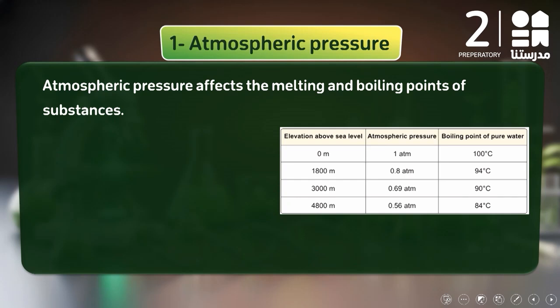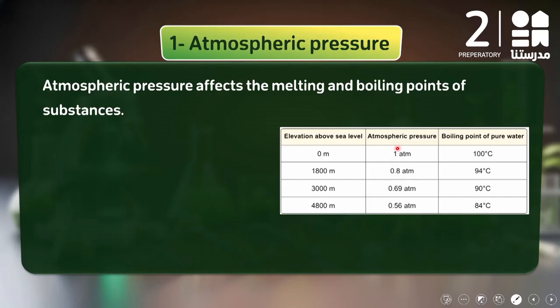We see here the elevation above sea level, and atmospheric pressure, and the boiling point of pure water. The first column speaks about the elevation. The first elevation is 0. Then the elevation increases to 1,800 meters, then 3,000 meters, then 4,800. What happened?